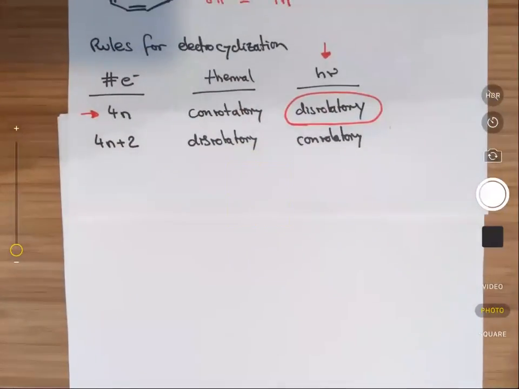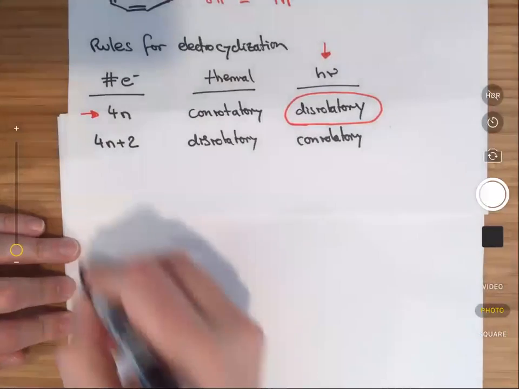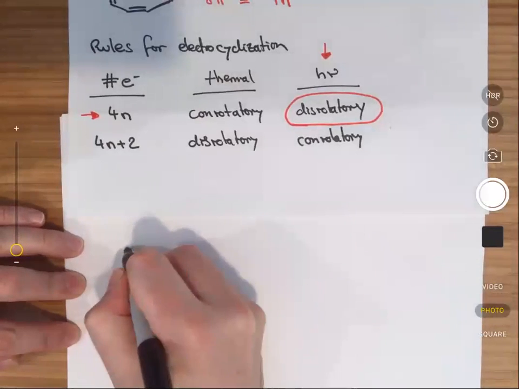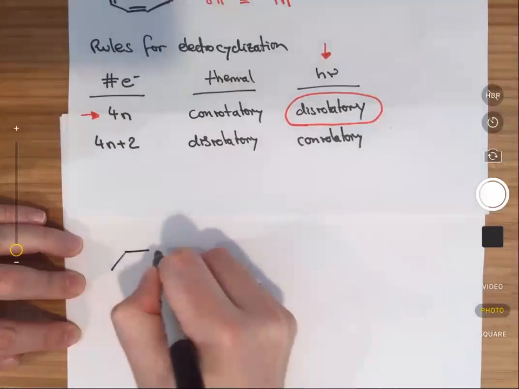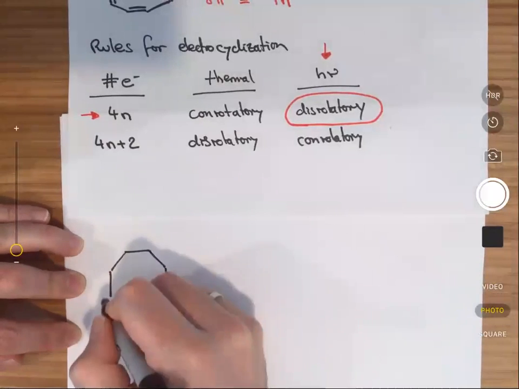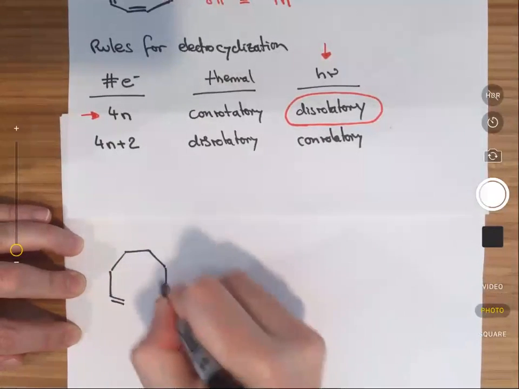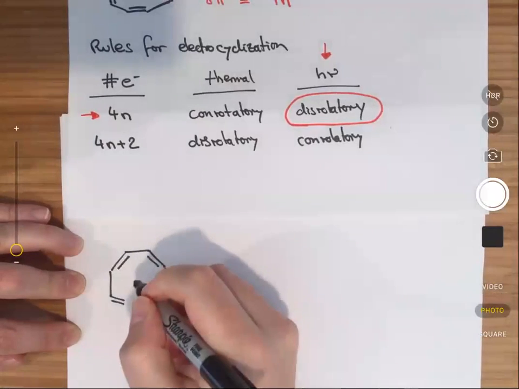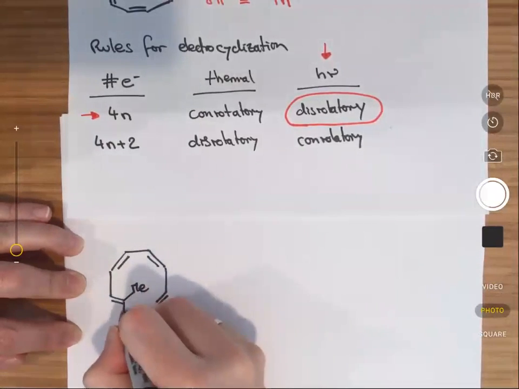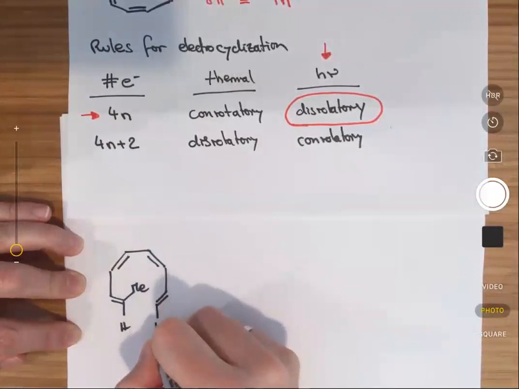All right, so all we need to do now is basically redraw our molecule. So I'm just going to draw it in a conformation so it's a little bit easier to see. Let's draw this out like this, and then a double bond. Here are the other 2 double bonds, and then one was pointing inwards, and the other one was pointing outwards.